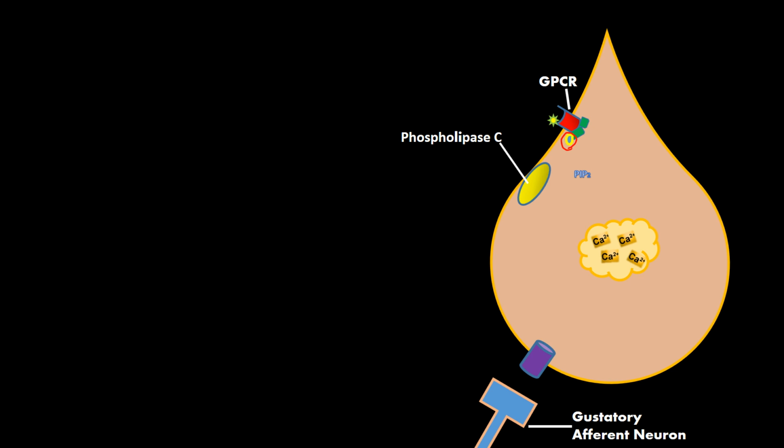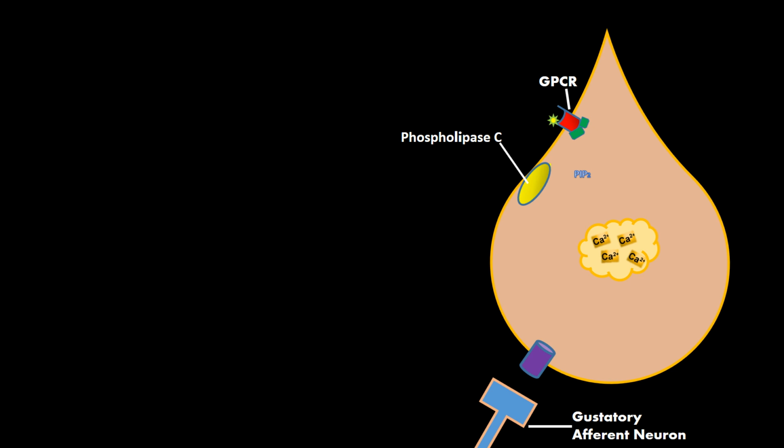the alpha subunit will in turn go and activate an enzyme called phospholipase C, which you can see right here. Phospholipase C is responsible for basically cleaving PIP2. PIP2 is a specialized phospholipid which hides out in the cell membranes of this gustatory cell.